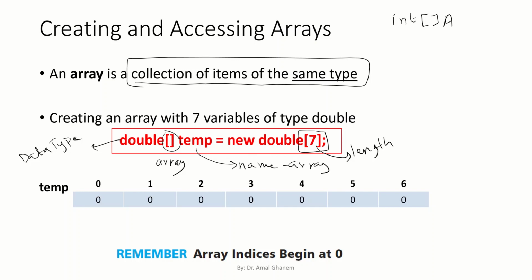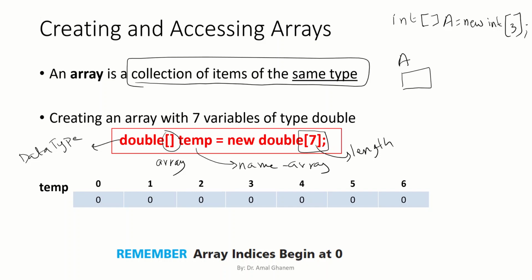If it is a single variable, it means it will be one location. If it is an array, I have to continue by saying equal new. Again, I have to mention the data type, which is integer. And between brackets, I have to mention the size. For example, let's assume that we need only 3 elements.